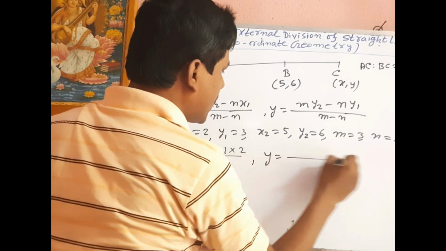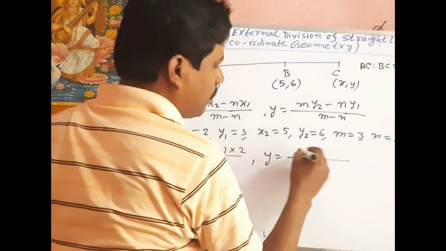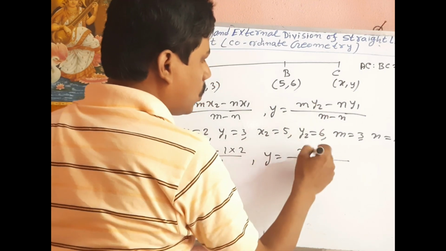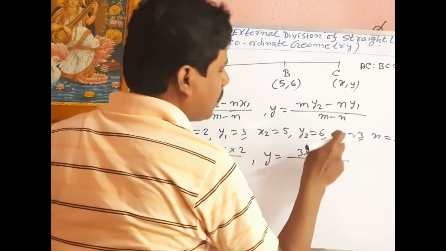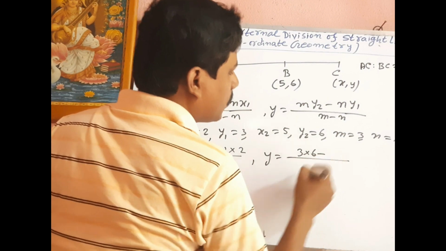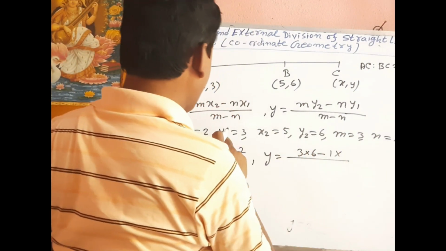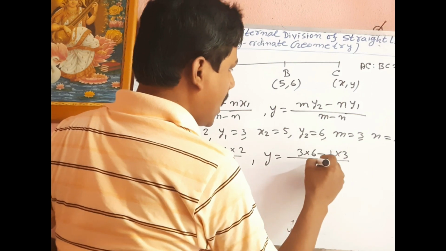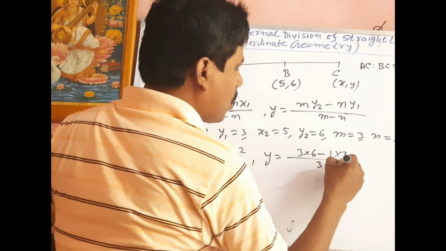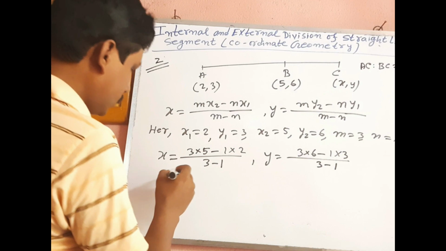Similarly, y is equal to, putting m is 3, y2 is 6, n is equal to 1, y1 is equal to 3, divided by 3 minus 1.